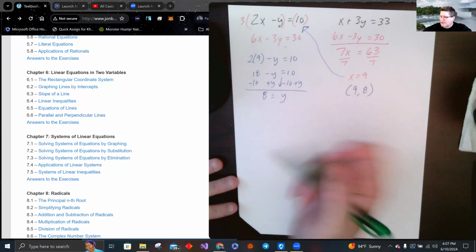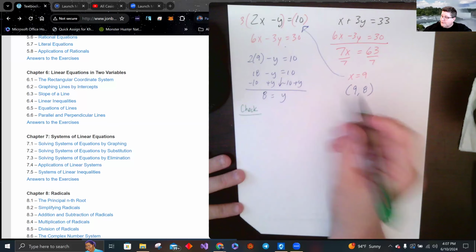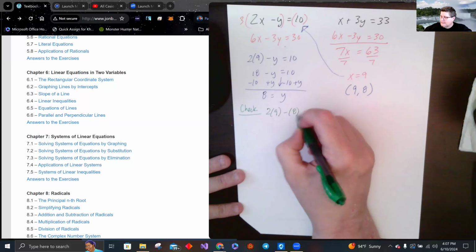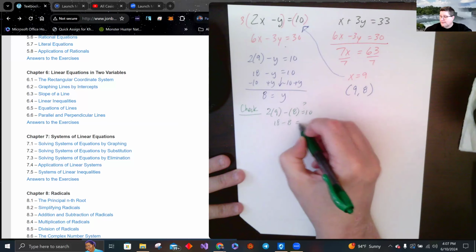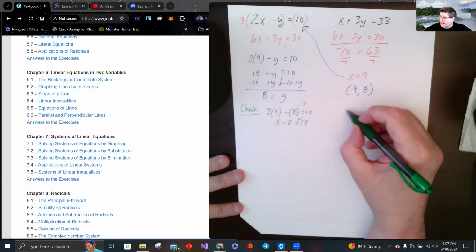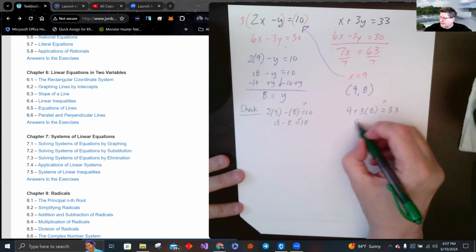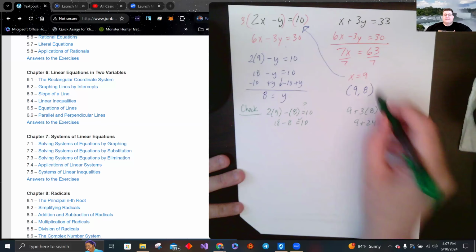Let's give that a check in our equations. 2 times 9 minus 8, does that equal 10? 18 minus 8 does equal 10. And if I do it in the other one, 9 plus 3 times 8, does that equal 33? 9 plus 24 does equal 33. That's the valid solution.